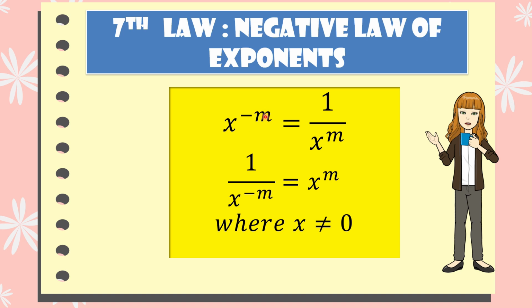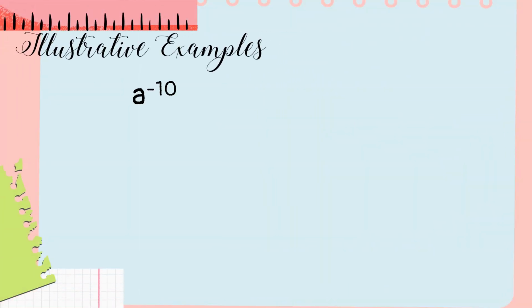X raised to negative m is equal to 1 over x raised to m, or 1 over x raised to negative m is equal to x raised to m, where x should not be equal to 0. Is this clear? Look at these examples. A raised to negative 10.